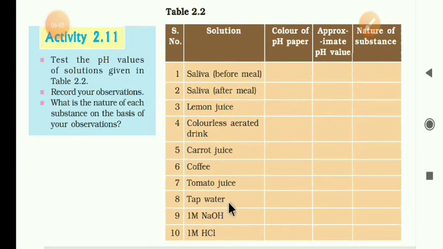Tap water, green in color, 7.0, neutral. 1 mole of NaOH, dark blue in color, 13 to 14, basic. 1 mole of HCl, red in color, 1.0 pH value, shows acidic.